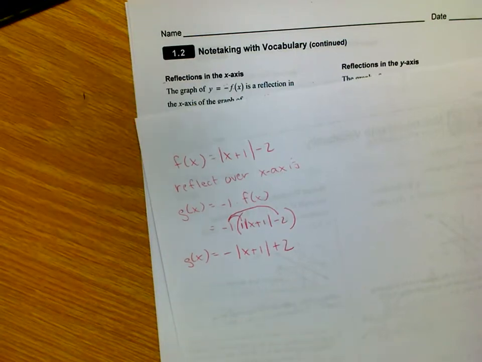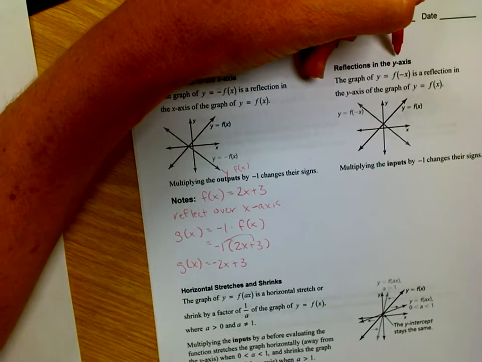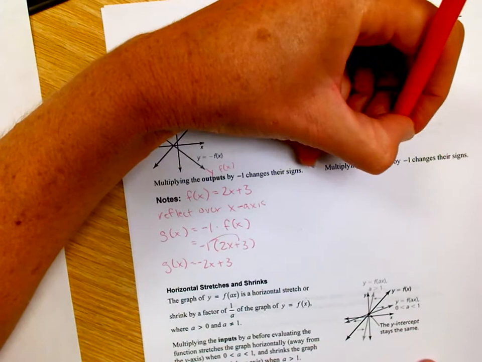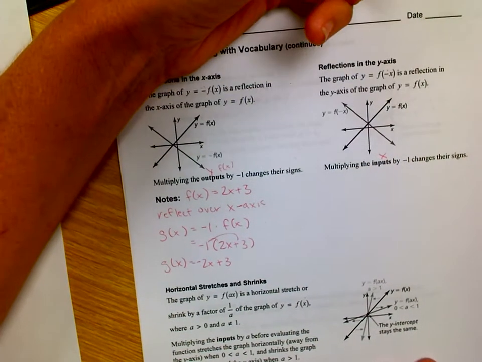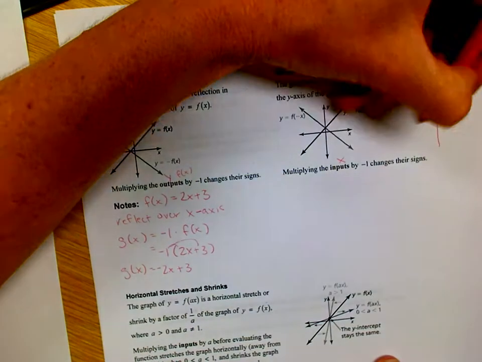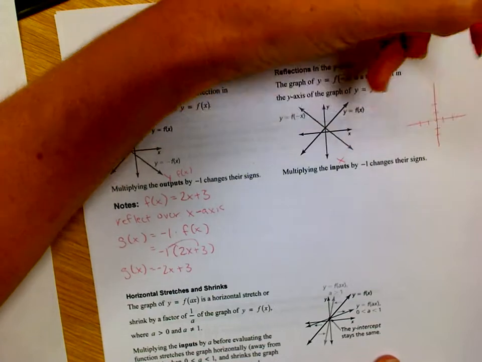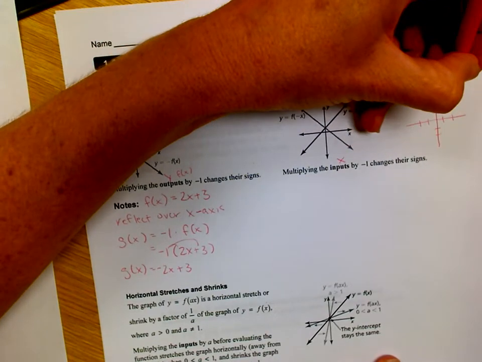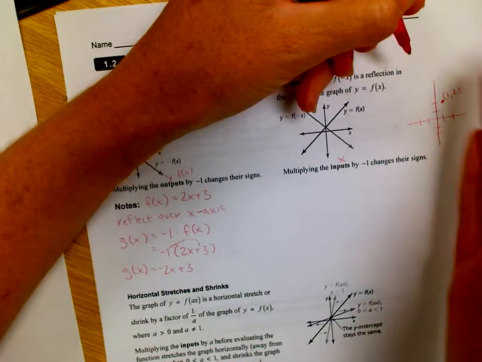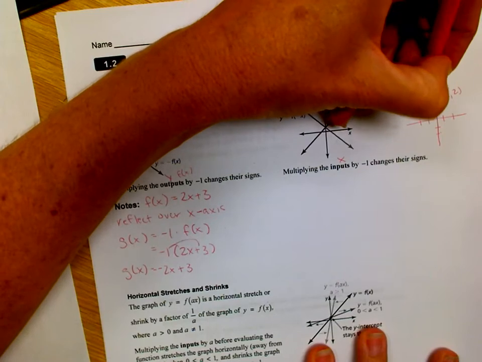Now, if you go back to page 10, reflecting over the y-axis is when you change your x value first. Multiplying the inputs, or your x's, by -1 first changes the sign. The example I gave in class is, if you think of a basic graph, if I had the point 1, 2 as my original point, and I wanted to reflect that over the y-axis, that point would end up at -1, 2.